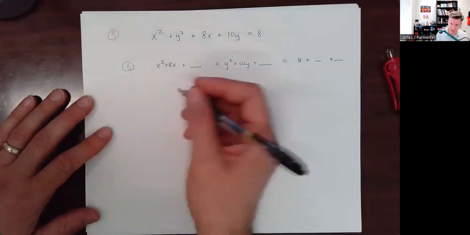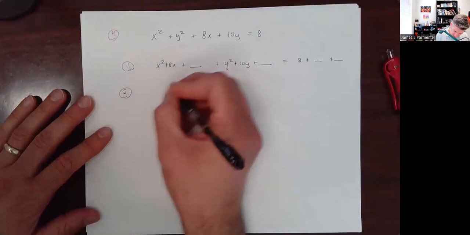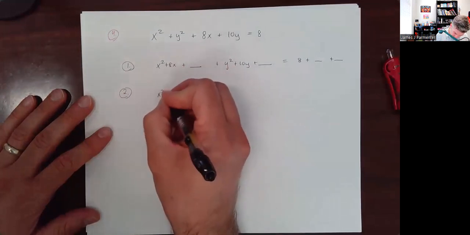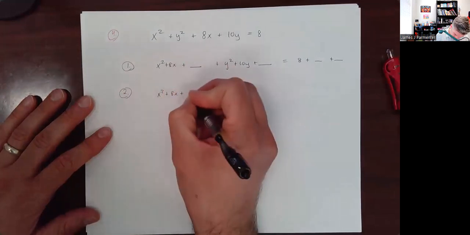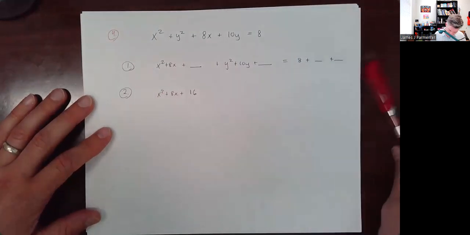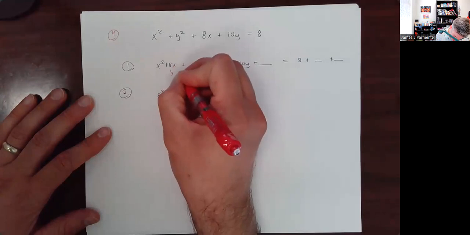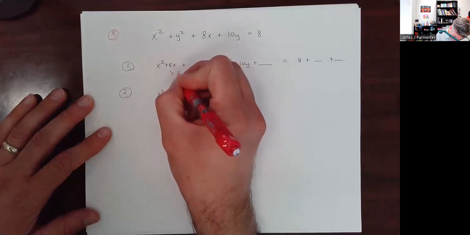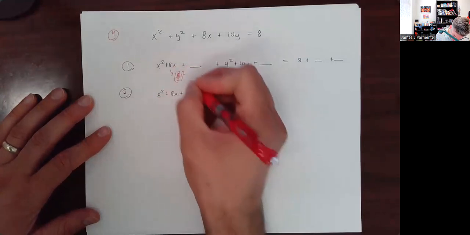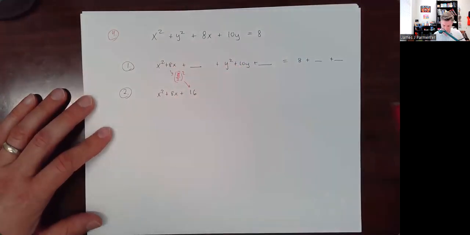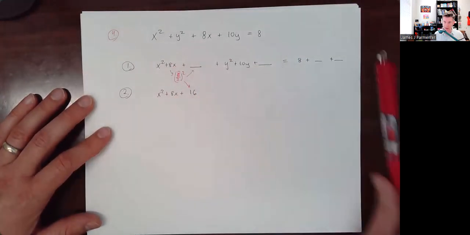So I'm going to do another line here just so you can see my steps. So we're going to get x squared plus 8x plus 16. Because 8 divided by 2, squared, is 16. That's what's going in the blank spot, but I'm just rewriting in the middle line here.